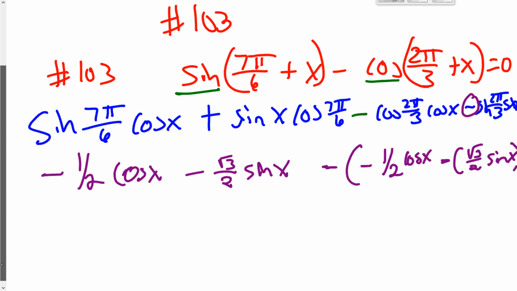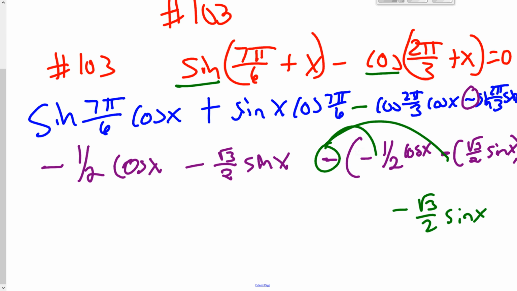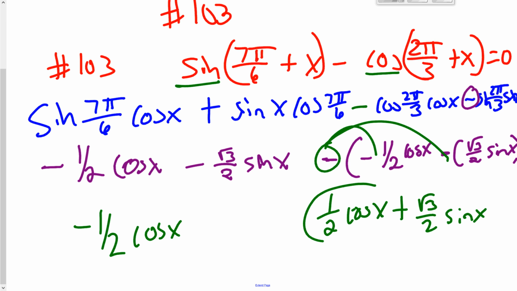Okay, so let's deal with some negatives here. So this is negative root 3 over 2 sine x. And then this negative is going to get distributed to both of those, so this is actually going to become a positive. And this 1/2 cosine is going to be a positive cosine x. So then we have negative 1/2 cosine x and a positive 1/2 cosine x.